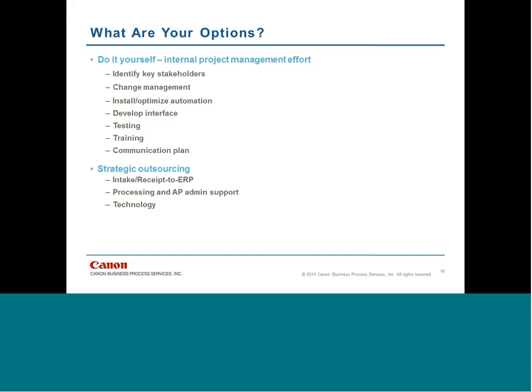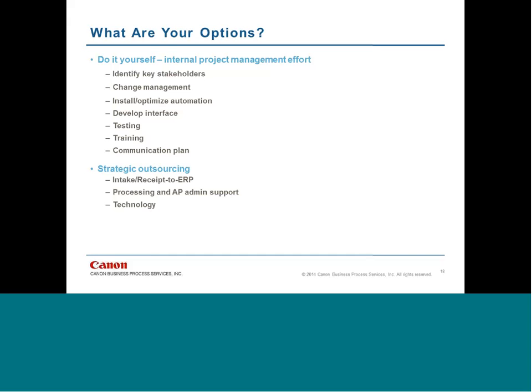Some of the key things are identifying who the key stakeholders in this transformation process are going to be. Clearly the AP people have a huge stake in the success of the transformation of your current process to an optimized process. But clearly your CFO does.